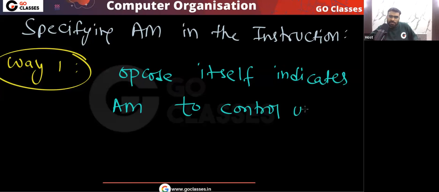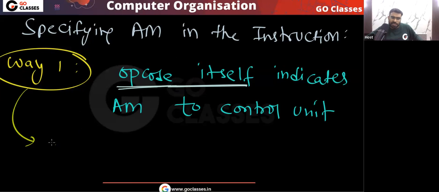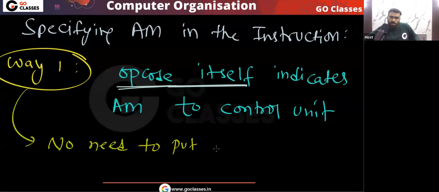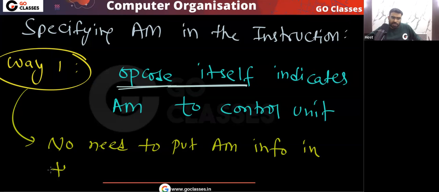So in way one, there is no need to put addressing mode information in the instruction, because the opcode itself tells the control unit the addressing mode.